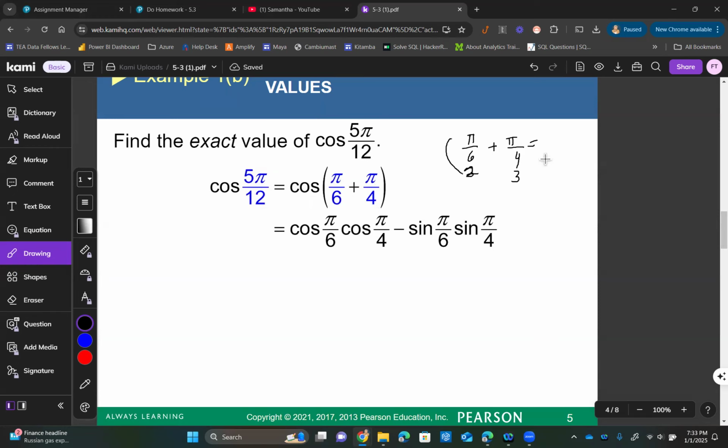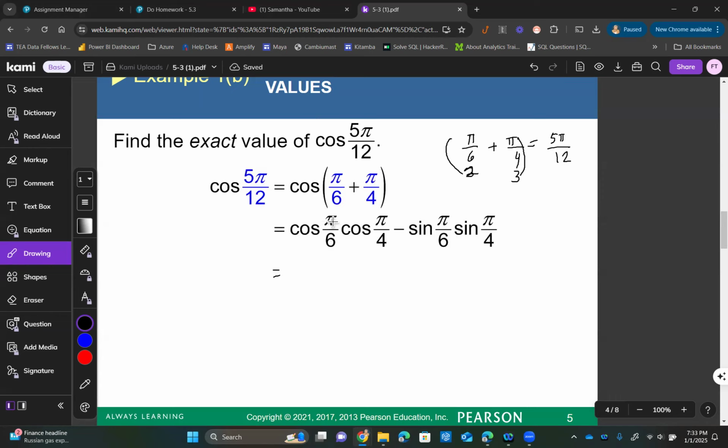So this one will be 2 pi, and this one will be 3 pi. That makes a total of 5 pi, and the common denominator is 12. So when you need cosine of 5 pi over 12, you can just calculate cosine of pi over 6 plus pi over 4. Using the formula, you can extend your equation to this format.